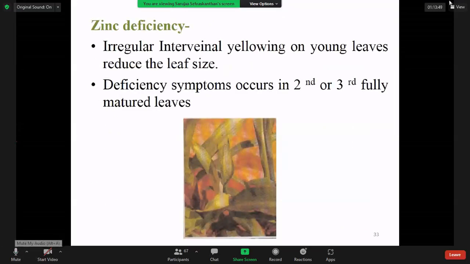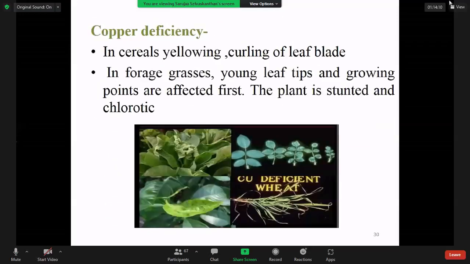Then dark green colored leaves. Nitrogen. Deficiency or toxicity? Toxicity. Good. Curling of leaf tips. Magnesium. Copper.